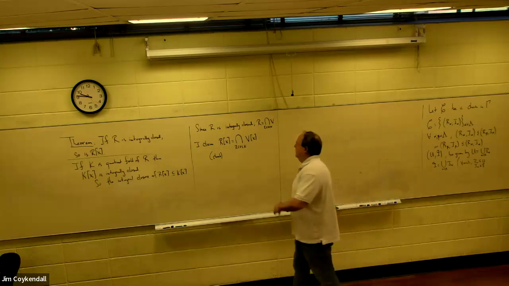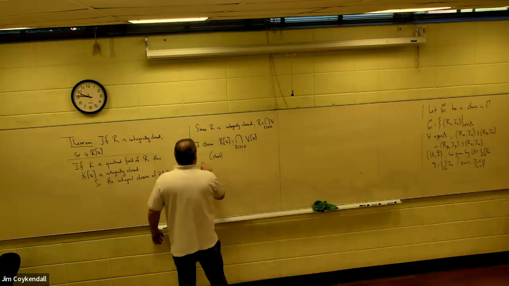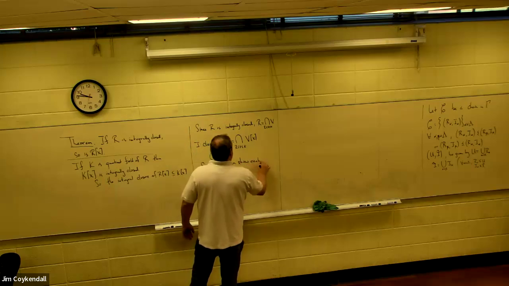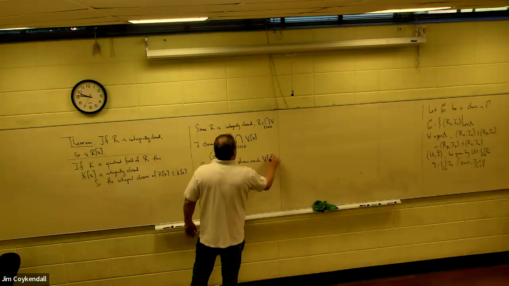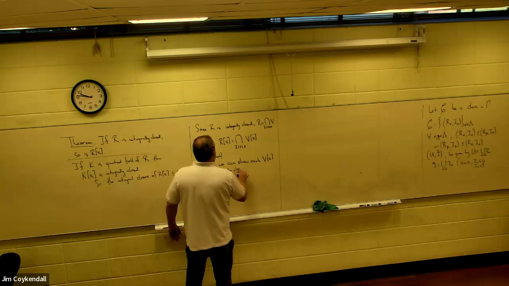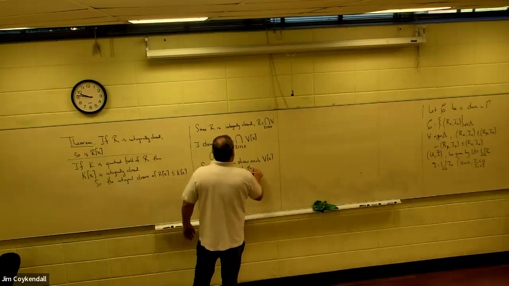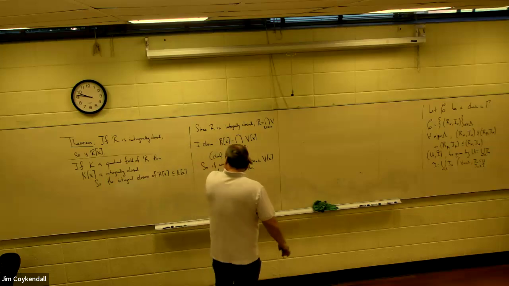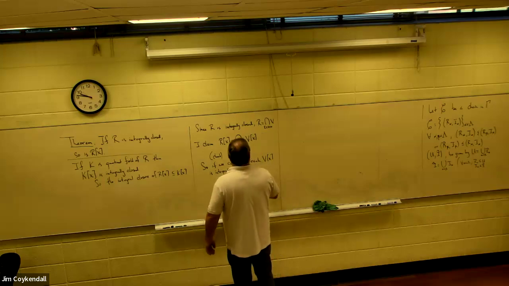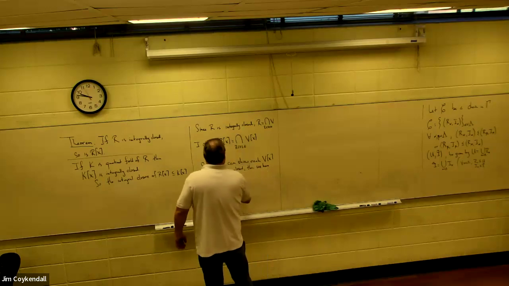So if we can show each V[x] is integrally closed, then we have R[x] is integrally closed.